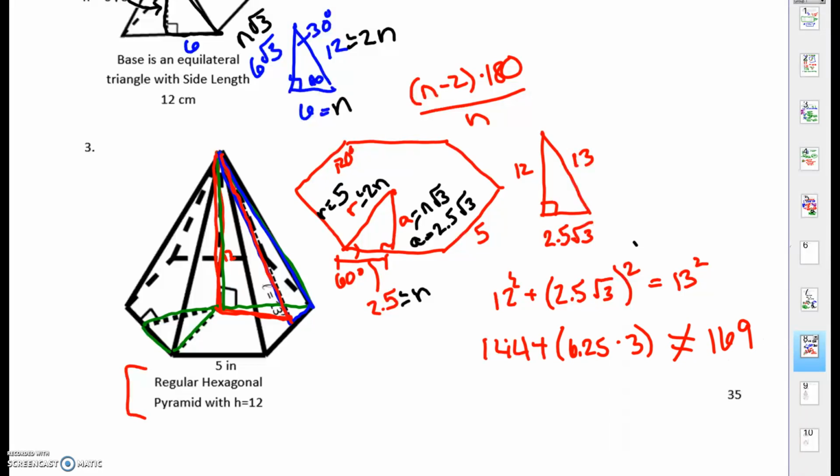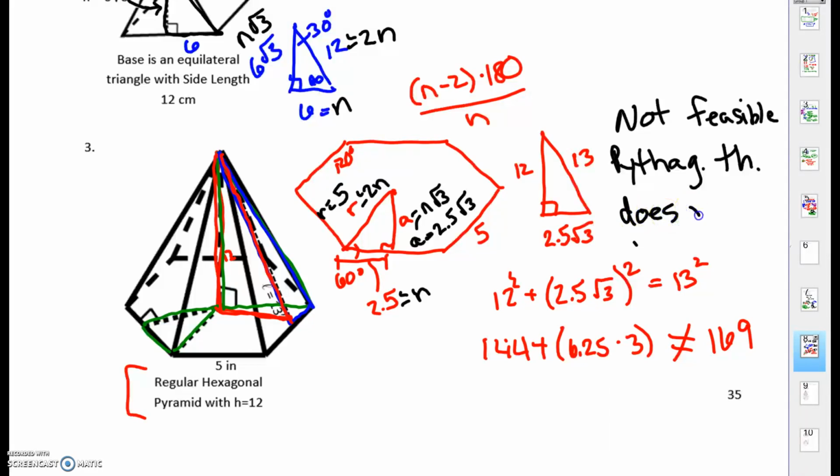That is not going to happen. So this guy is not feasible, because Pythagorean theorem does not hold. All right, let's look at some more examples.